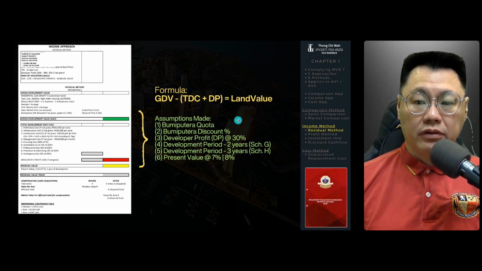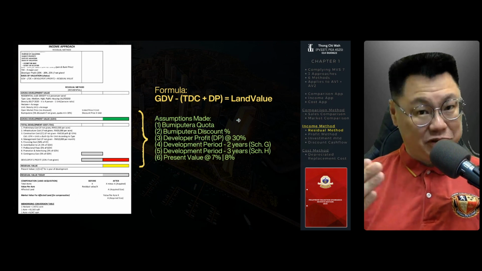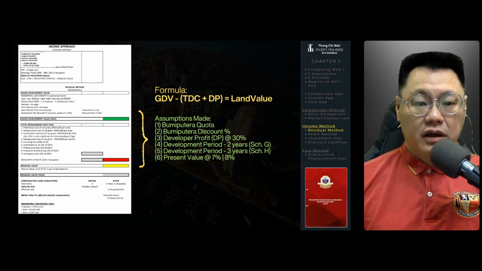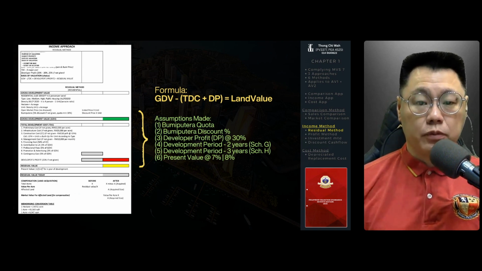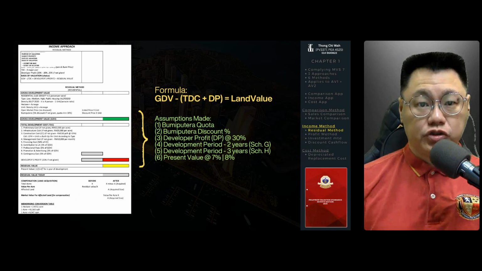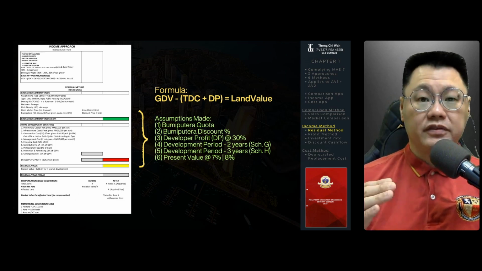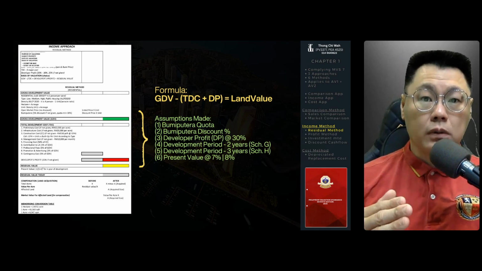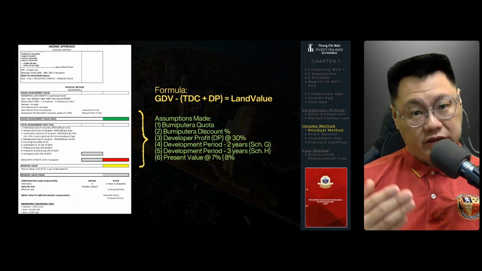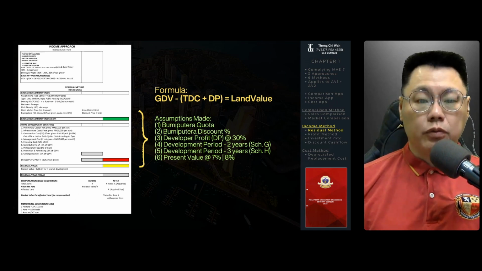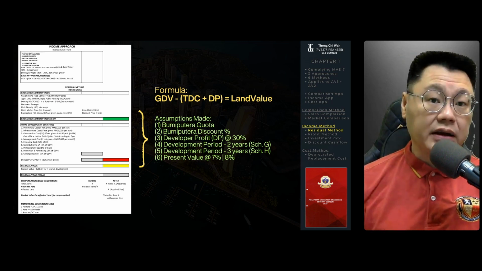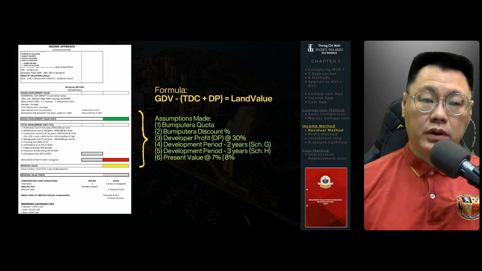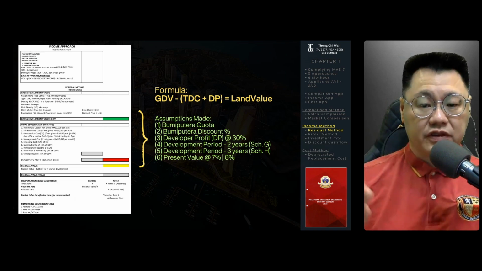Now, there are some assumptions that you must take here. First, when you get a question, if they don't tell you there's a Bumiputra quota, you must assume there's a Bumiputra quota. In Malaysia, every property sold has a Bumi quota, like 30%. Then you have a Bumiputra discount. Some states are higher, some states are lower. What you can do is take 5 to 7%.